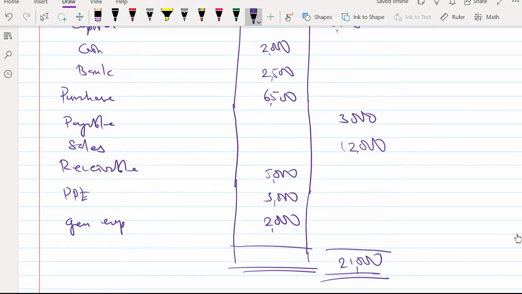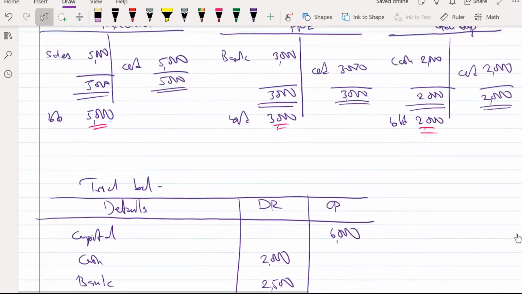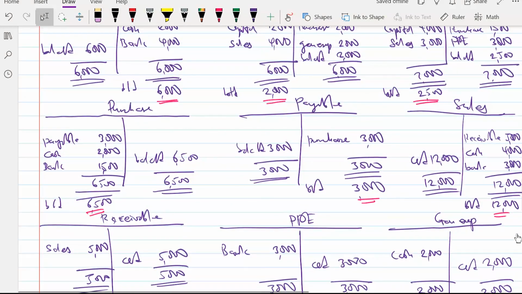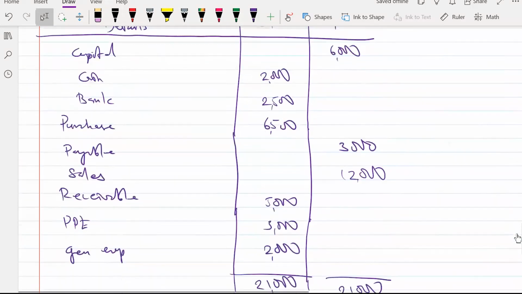This will be 11,000. This is 16,000 here. This is 19,000 plus 2,000. That's still 21,000. So you could see the trial balance as balanced off because we were able to prepare the necessary ledgers and close the account accurately.